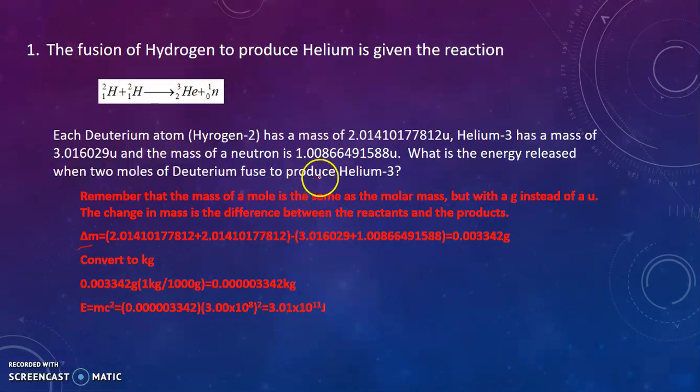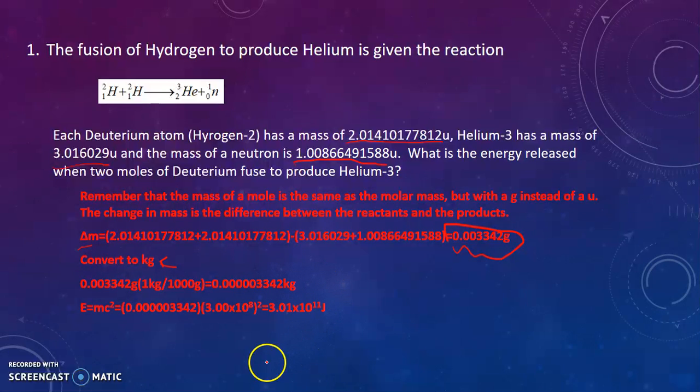So we add what's given to us in the problem, two of them because hydrogen has two, minus this, plus the neutron, and we should get 0.003342 grams.